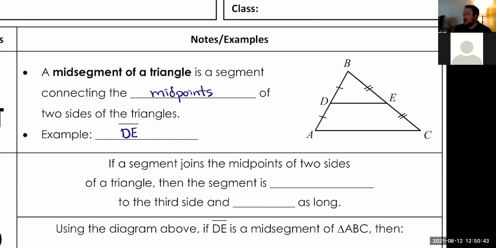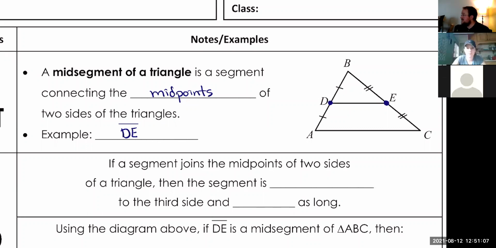Now, some might ask, how do I know that that's a midsegment, or how do I know that it is connecting midpoints? Well, if I look at the diagram here, and maybe it'll help to put a clear, distinct point at D and E, I can confidently say that D is a midpoint on AB because AD and DB are congruent.